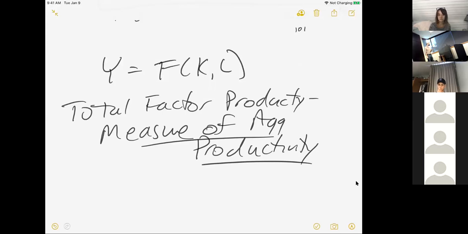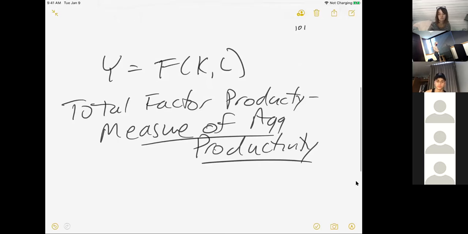If you think about how we actually measure this, economists figure out what output is, and they figure out how much of output we can attribute to human capital and physical capital. And then what's left over, that's productivity. That's what total factor productivity is. The actual measuring of this is a very complex question, but in theory, it's just a measure of productivity.